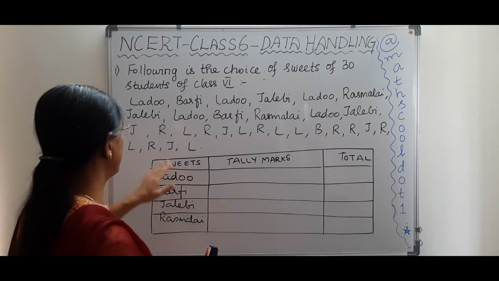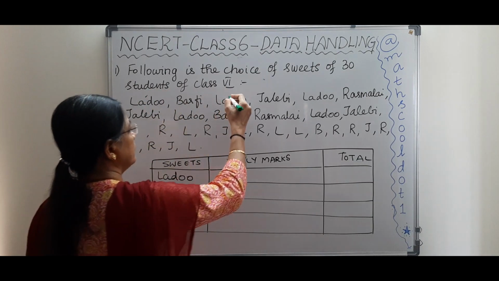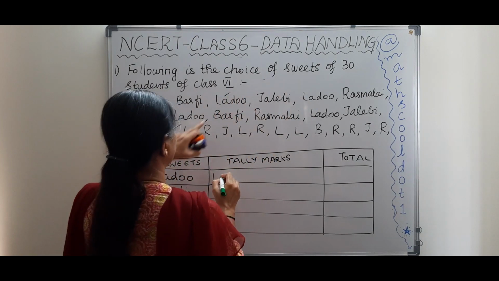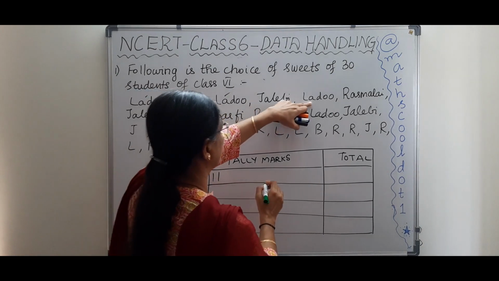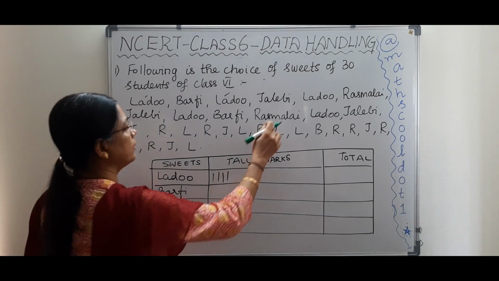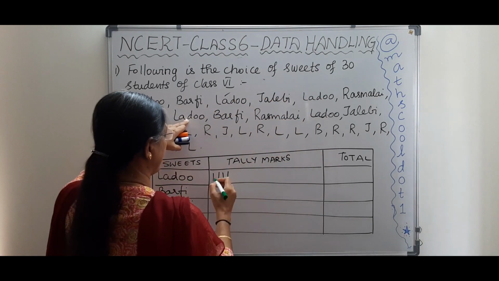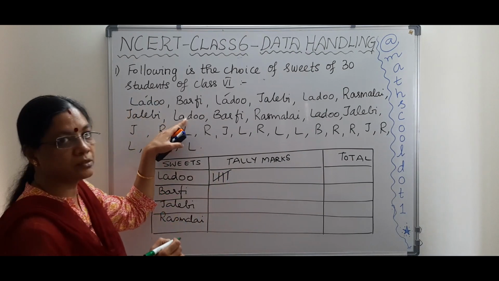Now first for laddu, 1, 2, I'll put a tick mark, 1, 2, 3, 4, and here 5. For 5 I need to cross it, right?